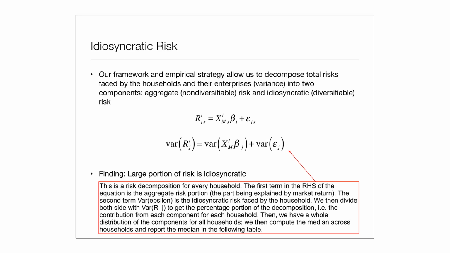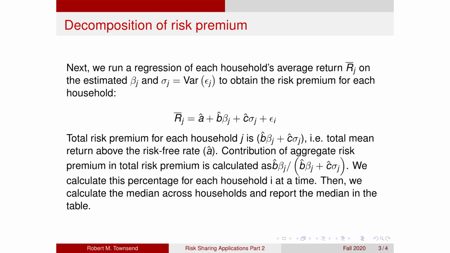And we decomposed the risk premium as well into the part that's coming from the village as a whole through the beta J, as well as the sigma squared, sigma J on that epsilon, and then got another decomposition.